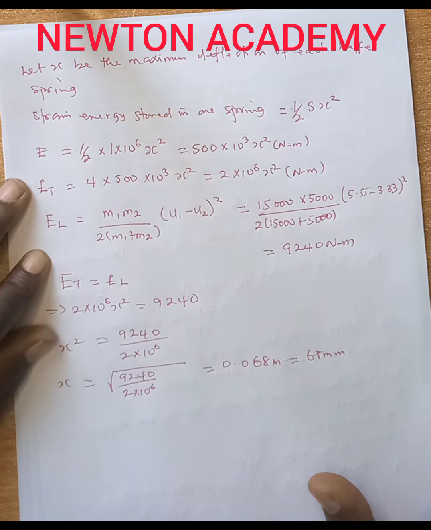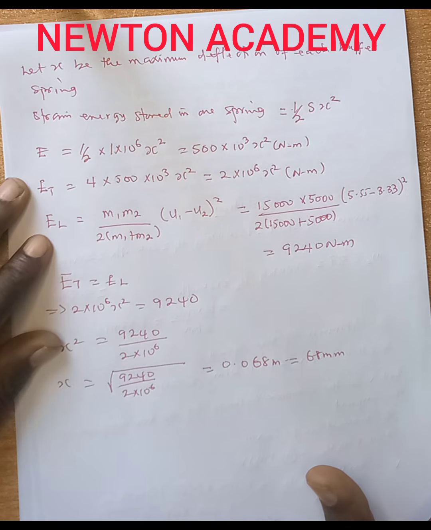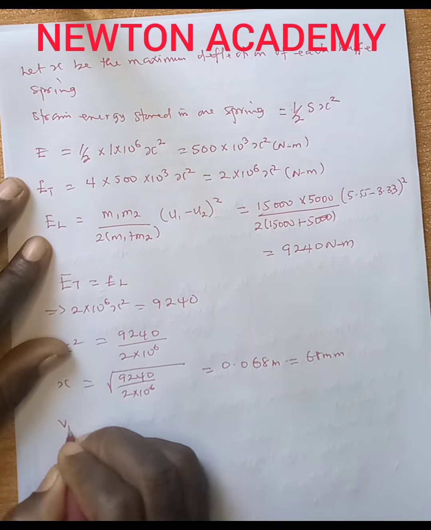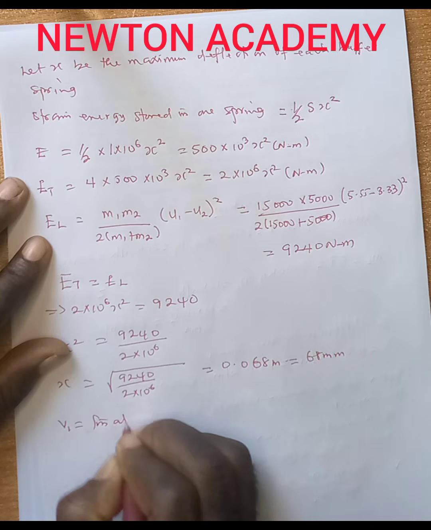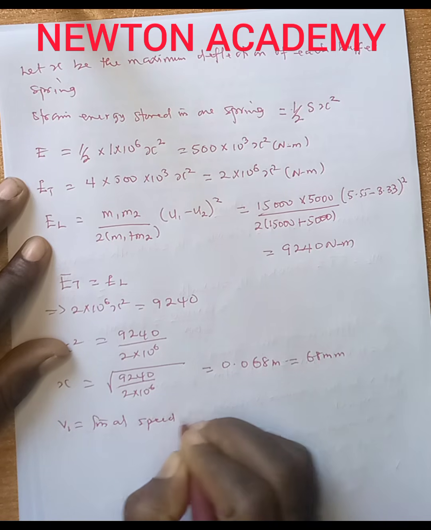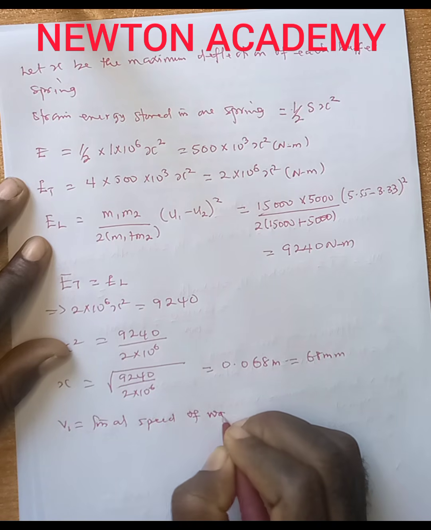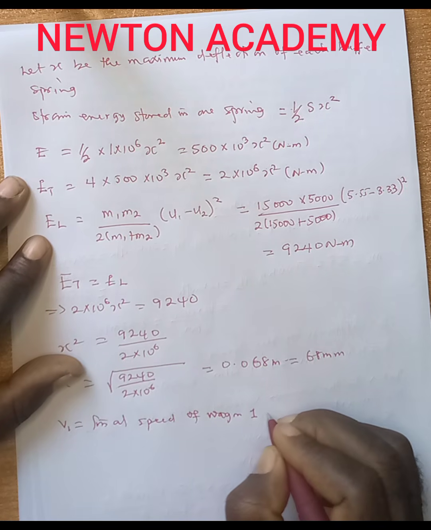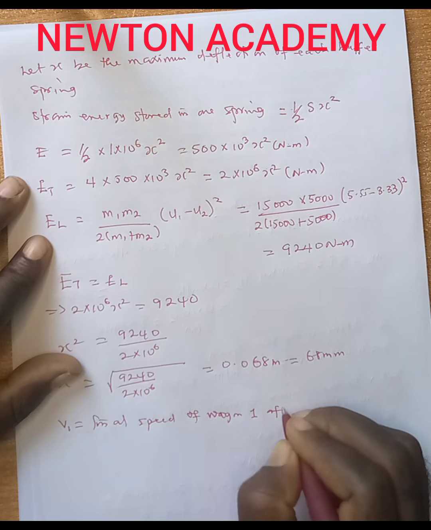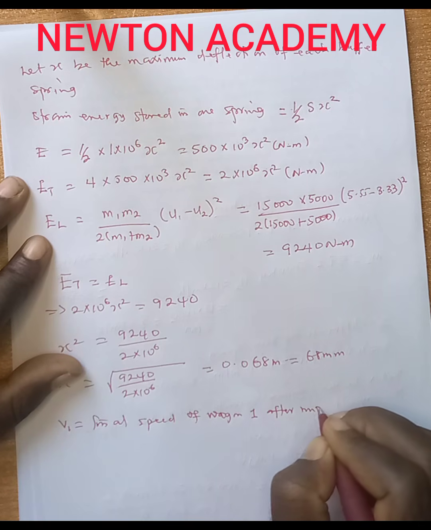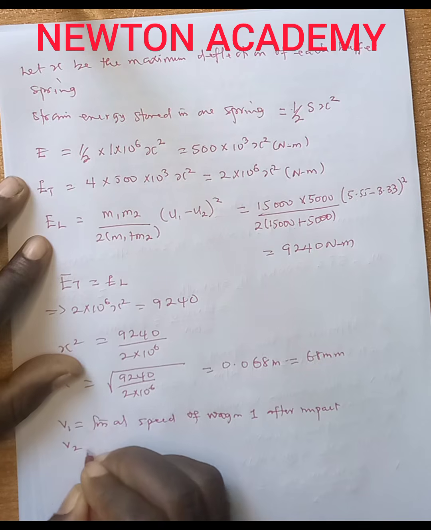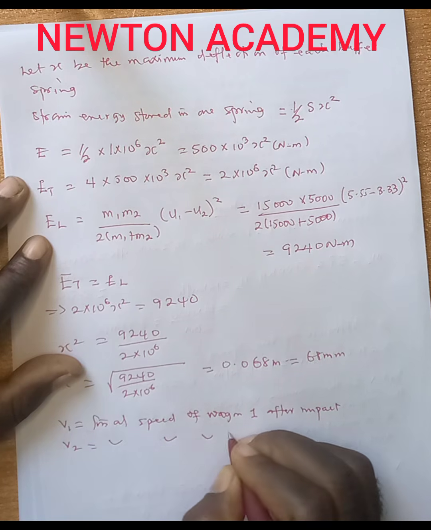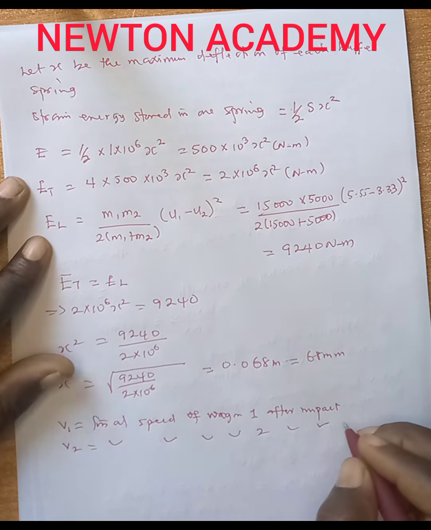Now let us take a look at the speed of the wagons immediately after impact ends. What happens here is that immediately after impact ends, both wagons will now move separately with different speeds. Now, take V1 as the final speed of wagon 1 after impact, and V2 as the final speed of wagon 2 after impact.